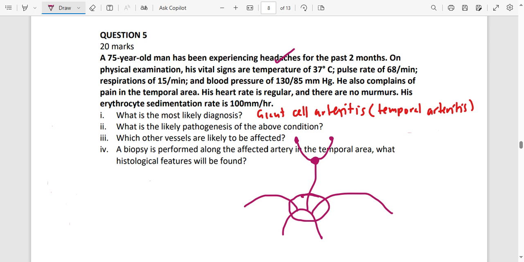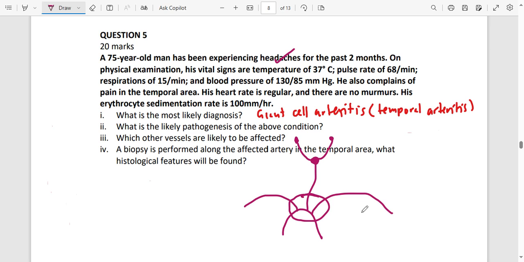Other arteries that we can mention are the occipital artery, the ophthalmic artery, the vertebral arteries, and the carotid arteries, basically where the same superficial temporal is coming from, even the arch of the aorta itself.